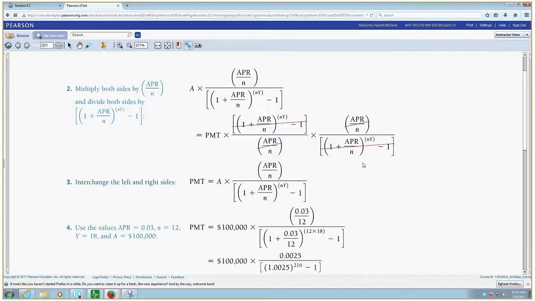Payment is equal to A times, in big braces, it's just flipped: APR, or R, over N divided by 1 plus R over N raised to the NT power, minus 1. So you can see it's a derivation of what we were just doing.